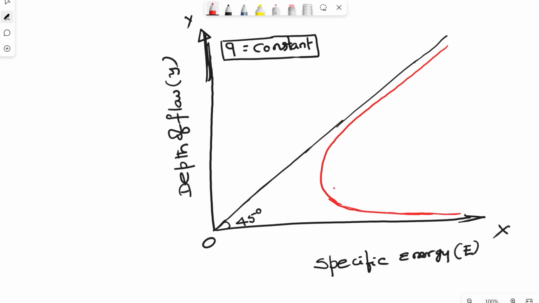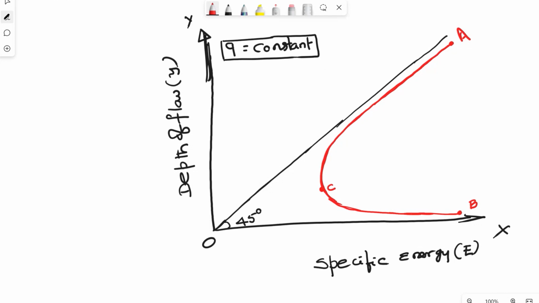This is how the specific energy curve is going to be. This is point A, the end point is point B, and this point is point C.